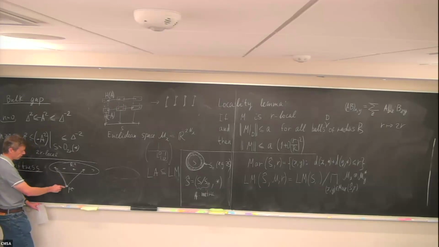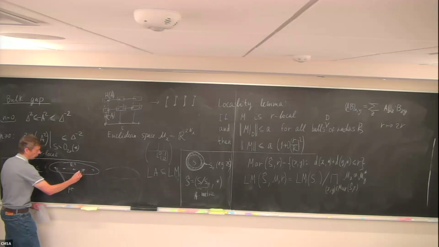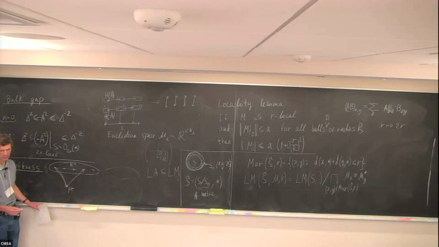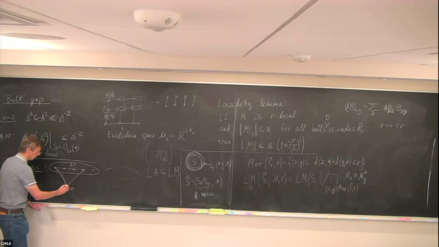Let's consider two maps, mapping this point here and mapping that point there. And we would like to connect these two maps by a continuous path. And in the continuous setting, we could do that easily if we just consider intermediate maps.